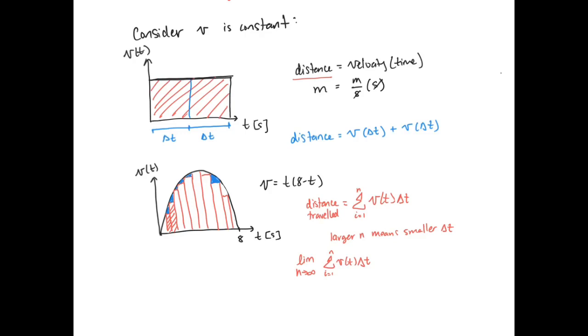As we approach infinite rectangles, we change our notation, so the summation becomes the integral symbol from a to b, so from point a to point b, of our equation v of t dt. So now we've gone from having a summation here to actually taking the integral of the velocity equation with respect to time.